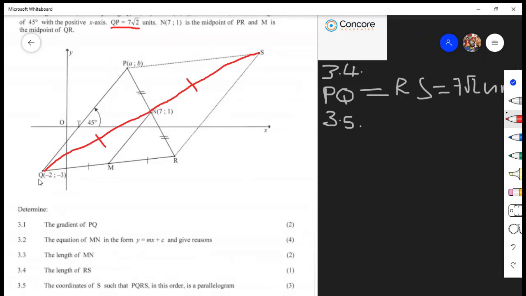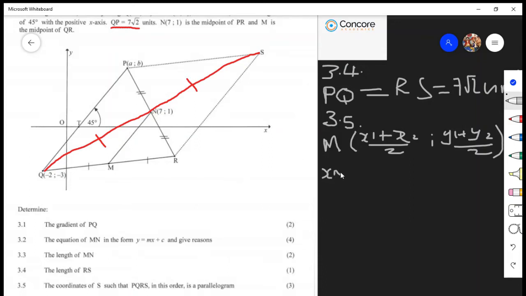So now we can calculate the coordinates of S using midpoints. You guys know the midpoint formula: M is x1 plus x2 all over 2, and y1 plus y2 all over 2. From here, our x value of N is equal to our x value of Q plus our x value of S all over 2.